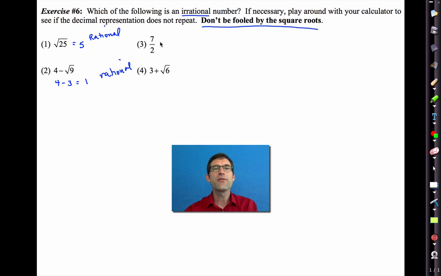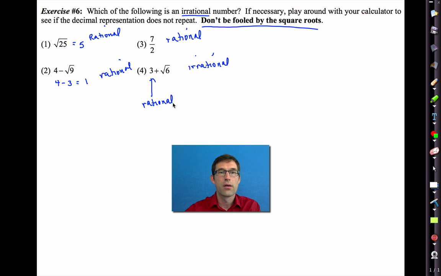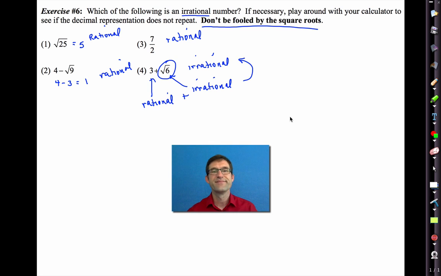Now, by its very definition, number 3 is rational because it's the ratio of two integers, 7 to 2. So that's rational, which really just leaves me choice 4. But that's definitely irrational because we have a rational number, 6, a non-perfect square plus an irrational, and that gives me an irrational number.